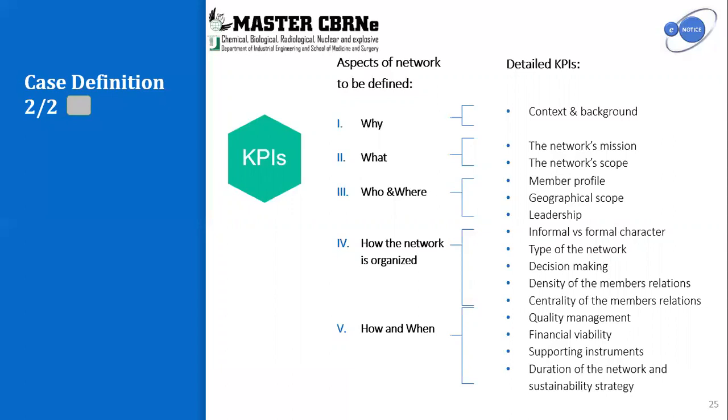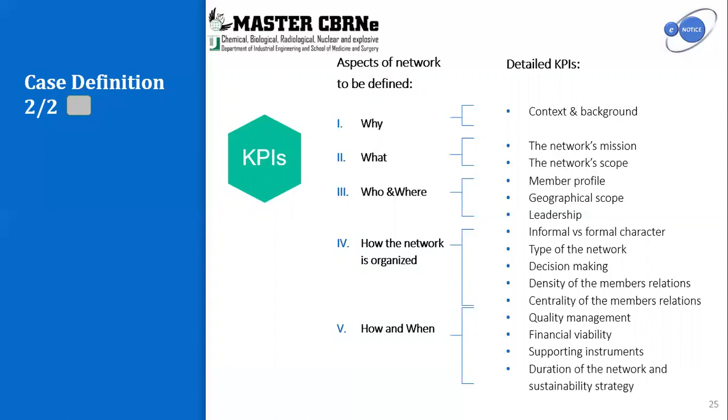As you can see, first of all, we asked ourselves 5 simple questions, and we tried to identify the key aspects that could bring us the answer to these questions: why, what, who and where, how the network is organized, how and when.